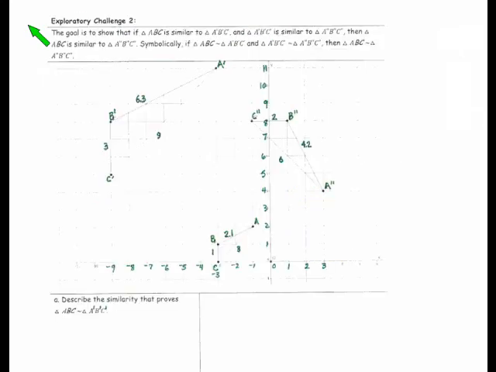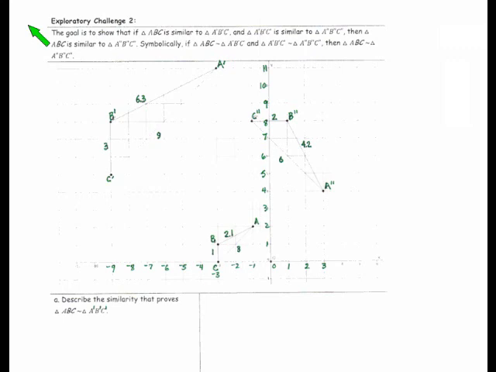Exploratory Challenge 2. The goal in this problem is to show that if triangle ABC is similar to triangle A'B'C', and triangle A'B'C' is similar to triangle A''B''C'', then triangle ABC is similar to A''B''C''.